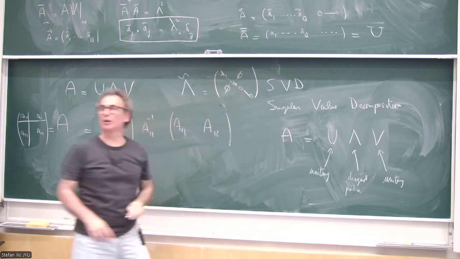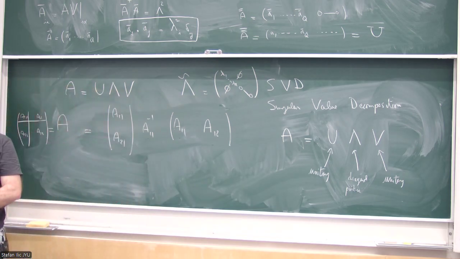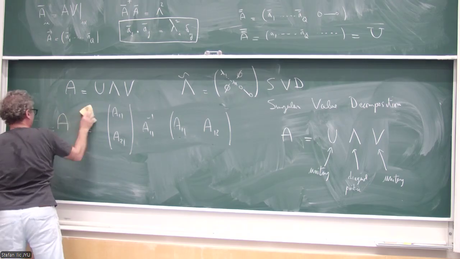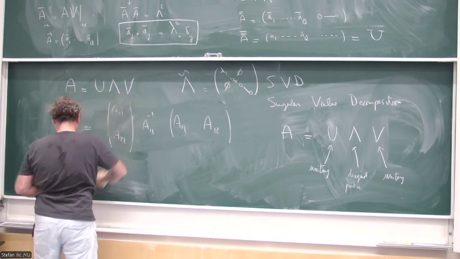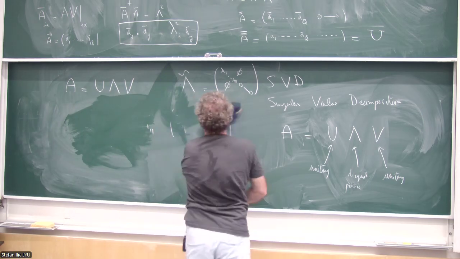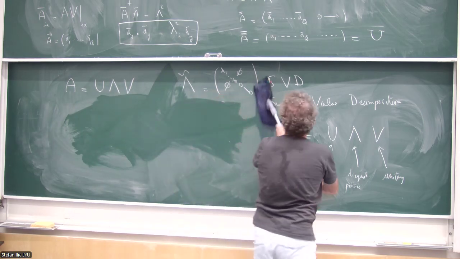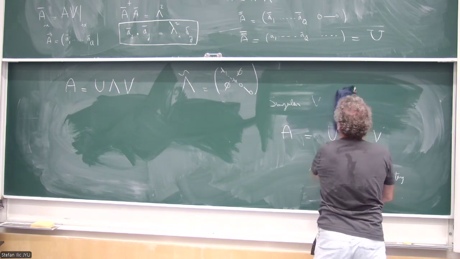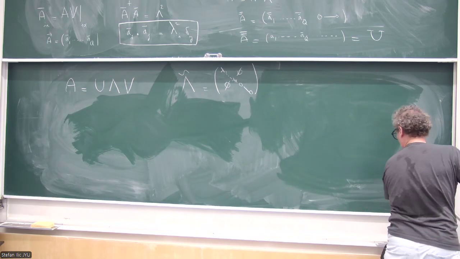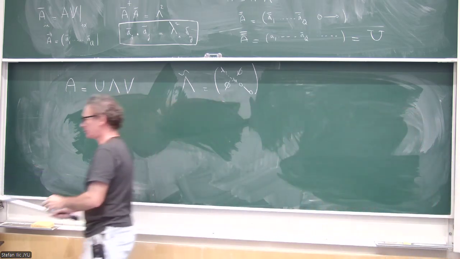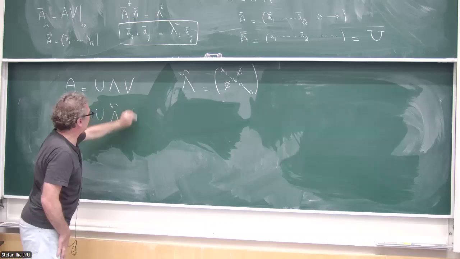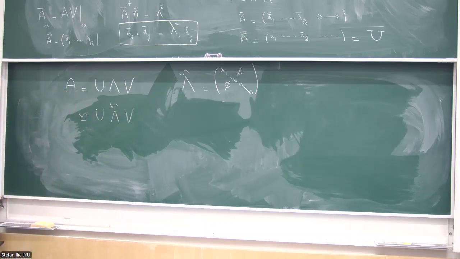So you just keep the chi largest singular values, and now you approximate A by U lambda tilde V. And this is the best approximation you can do of your matrix.